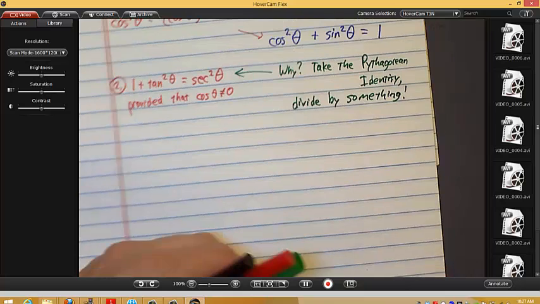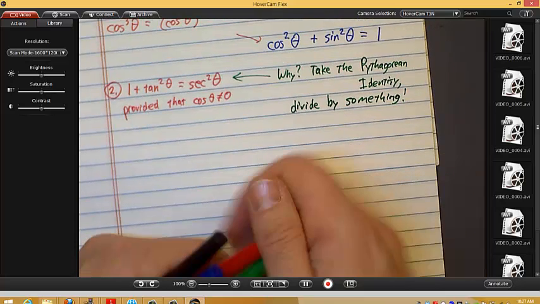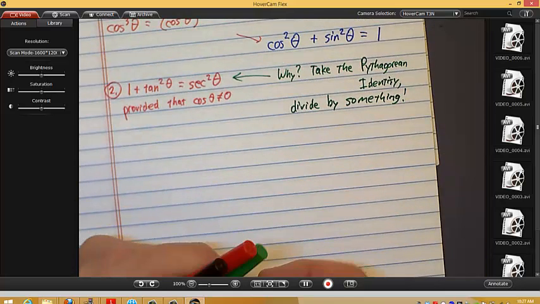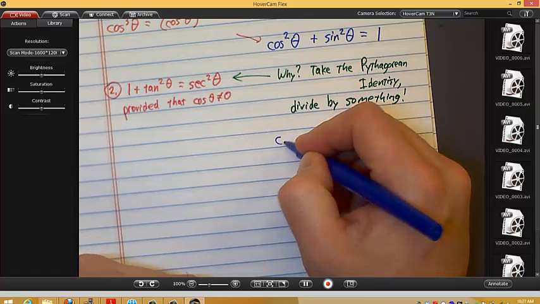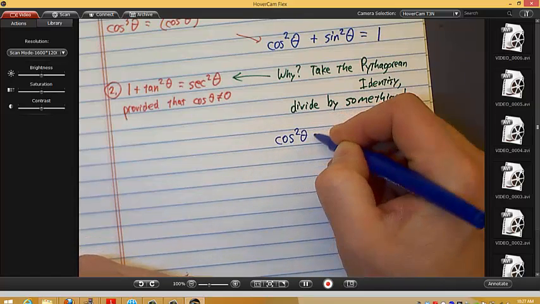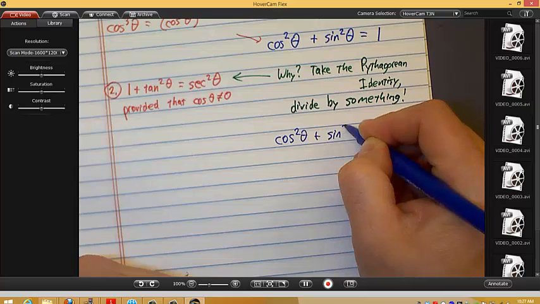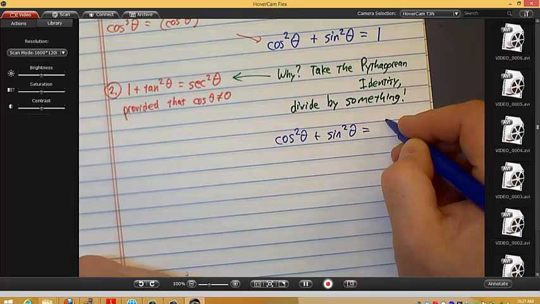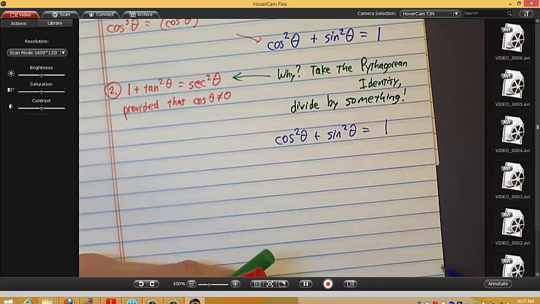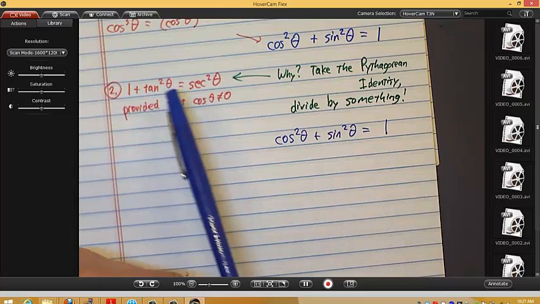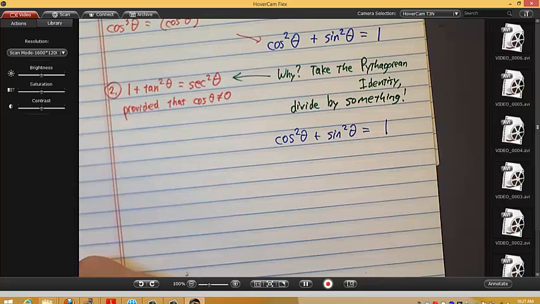So the Pythagorean identity I wrote down was this: cosine squared theta plus sine squared theta equals 1. Let me write that down. Cosine squared theta plus sine squared theta equals 1. What would I want to divide by in order to turn that into the red equation? Cosine? Right?